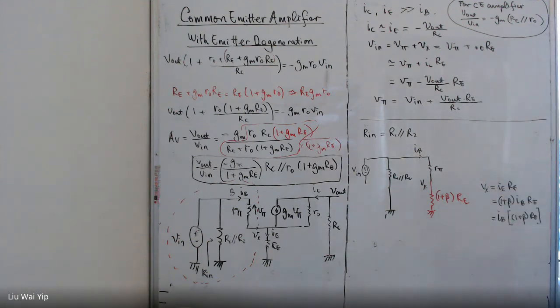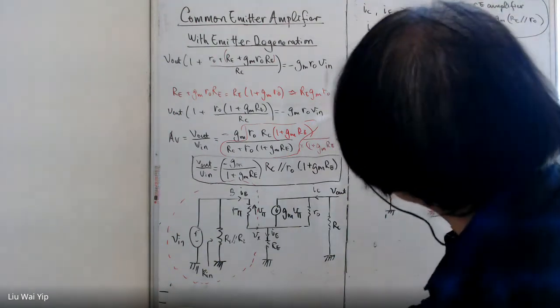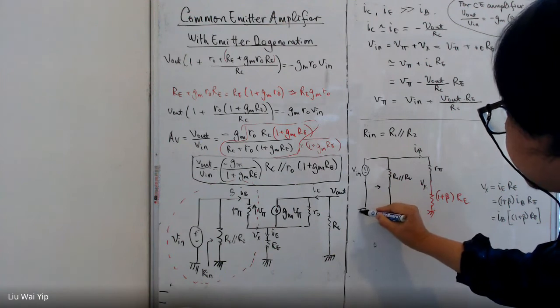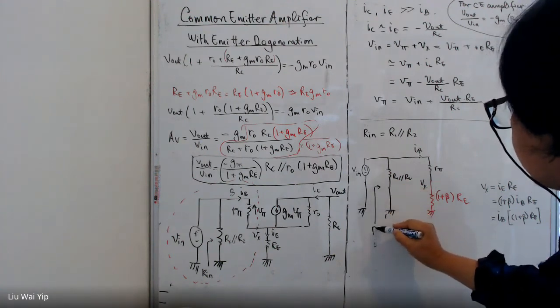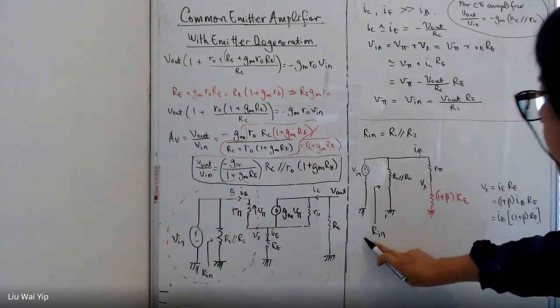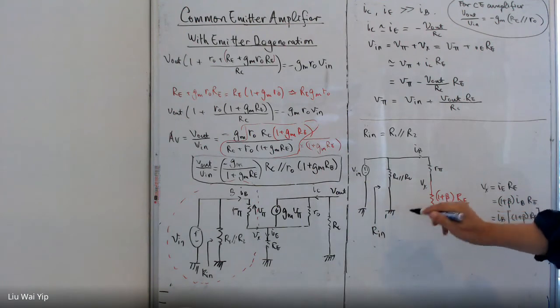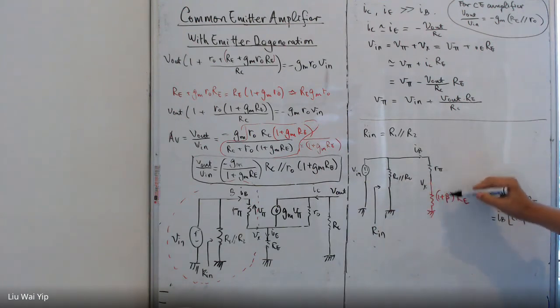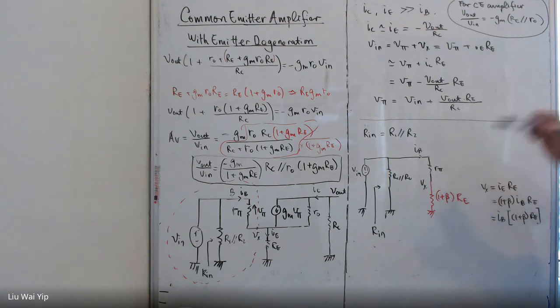So with this in mind, what we can do is RE, by looking at here, is equal to the parallel equivalent of this resistor and this one. And what is this one? R pi plus this one here.